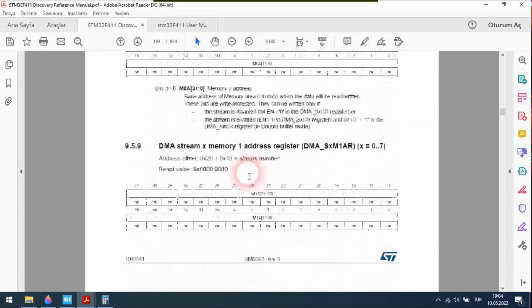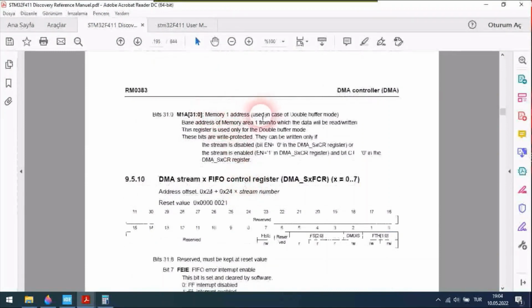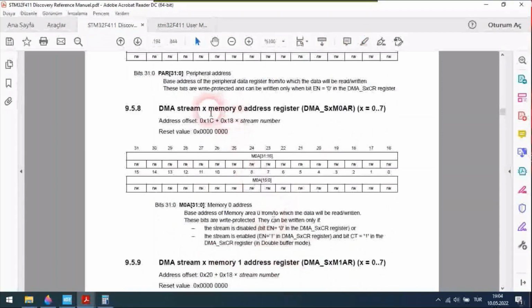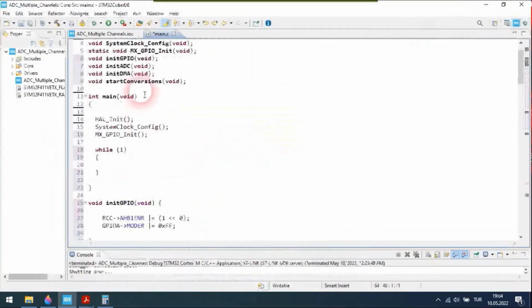There are two memory address registers. Memory 1 register is used when double buffer mode is selected. That's why I will use memory 0 address register. This is the address where we store data.